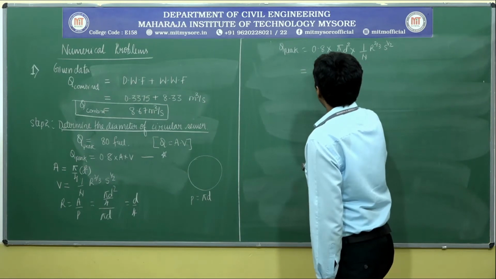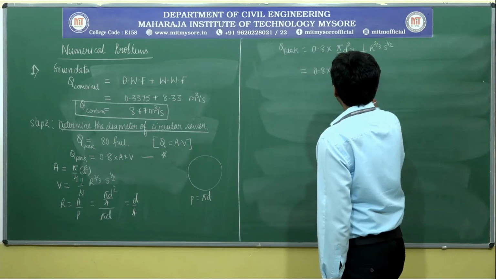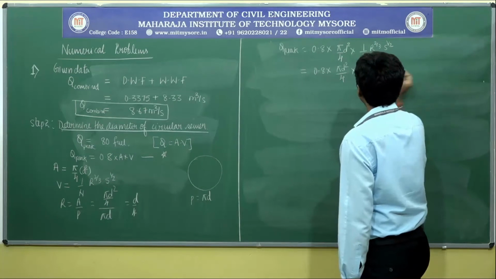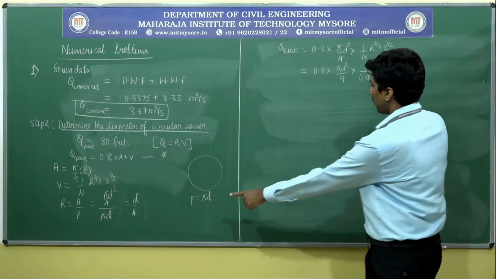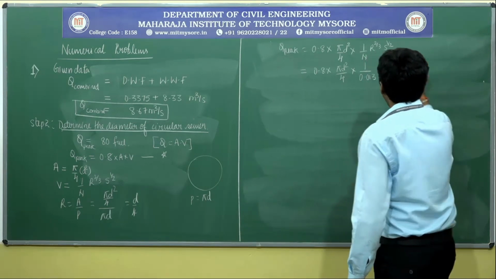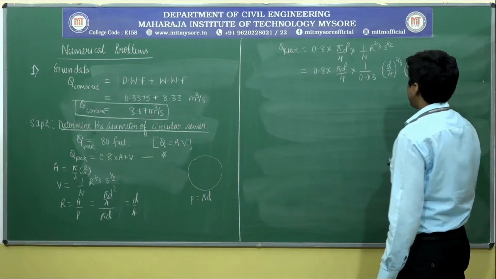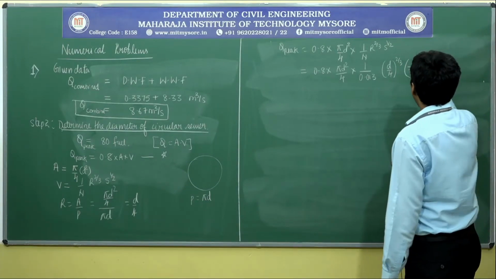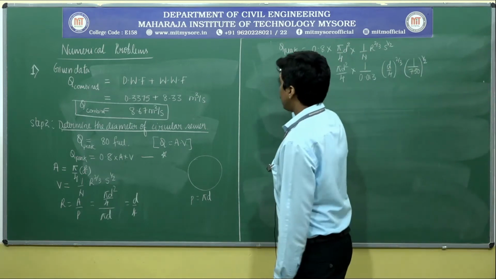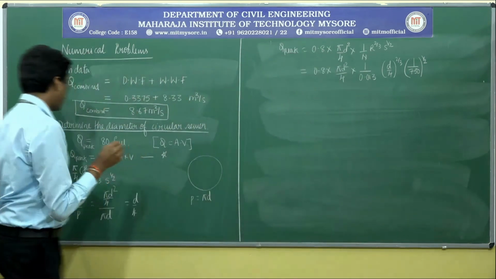For simplification, I am writing one more step: n is given as 0.013, R is A by P, that is d by 4, whole raised to the power of 2 by 3, and S is the slope given as 1 in 750, so 1 by 750 whole raised to the power of 1 by 2. So Q peak is nothing but the combined portion.